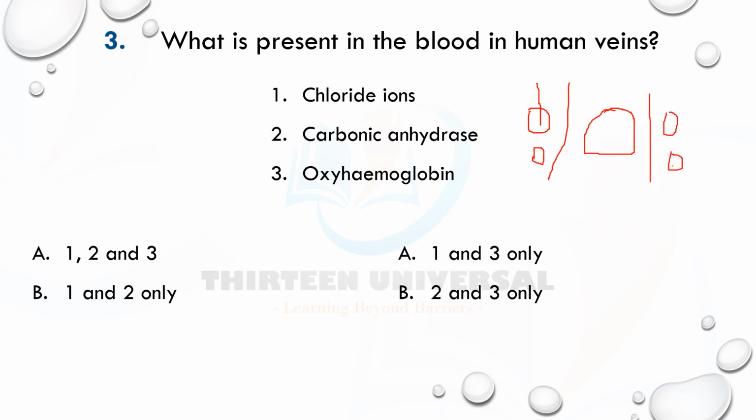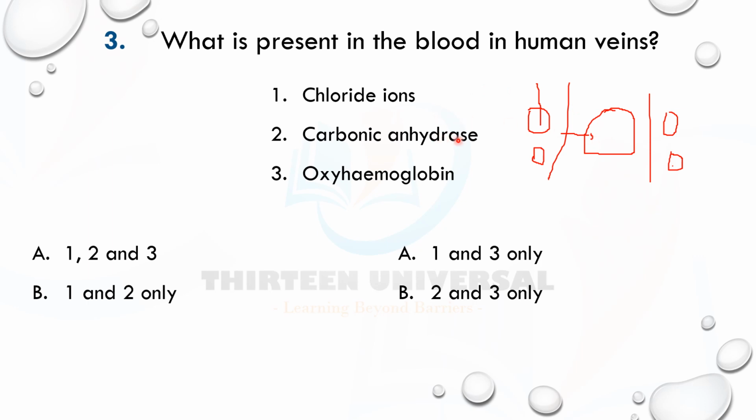CO2 diffuses in here, and then carbonic anhydrase, which is the enzyme, converts CO2 to carbonic acid, which dissociates to form hydrogen ion and carbonate ion. But carbonate ion will move out and chloride ion will move in. That's the chloride shift. That's how chloride ion gets into the blood.